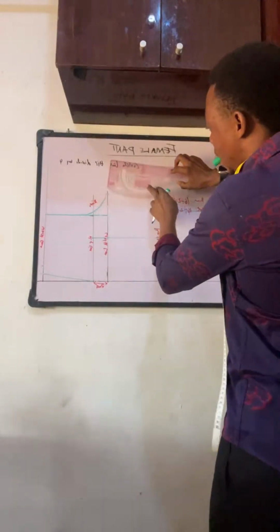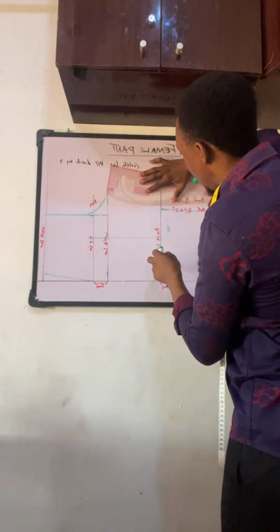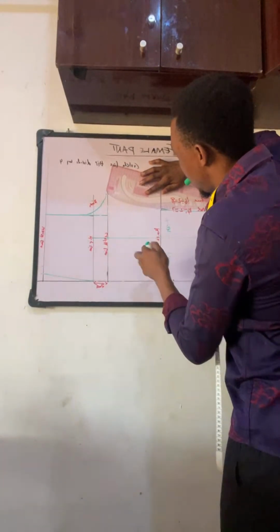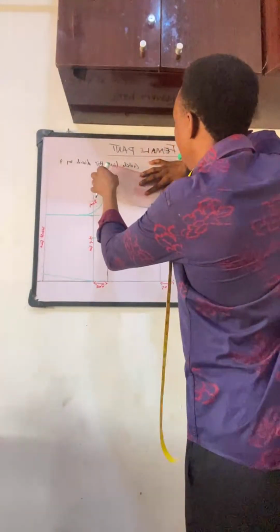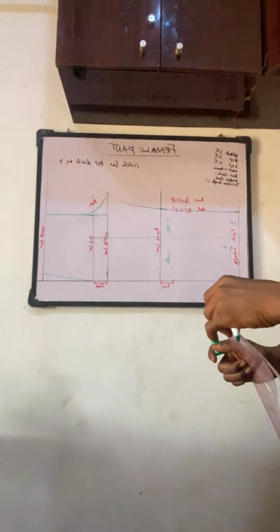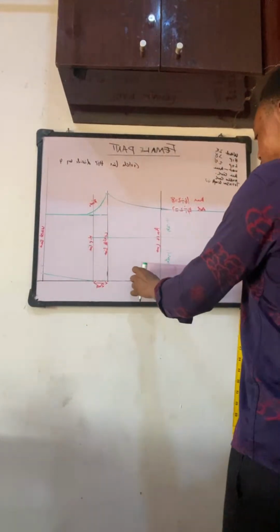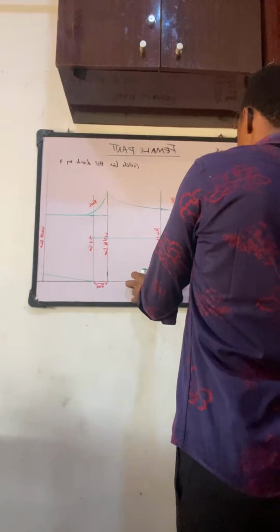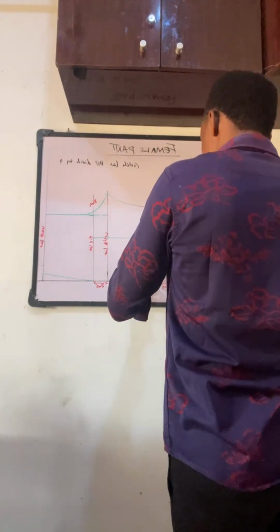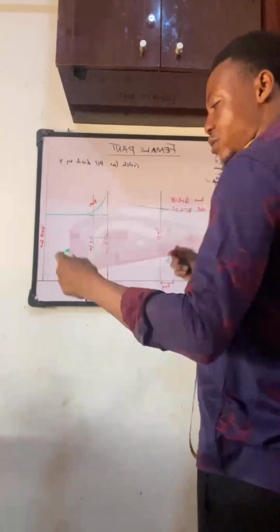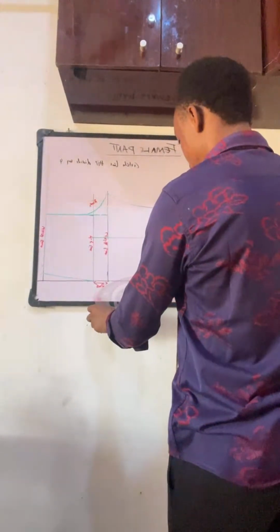Behind that, then join this. Then on this point, do the same thing. Join this to this. Then you turn your hip up.